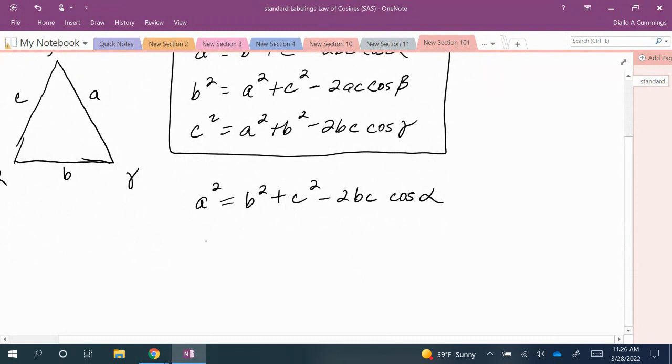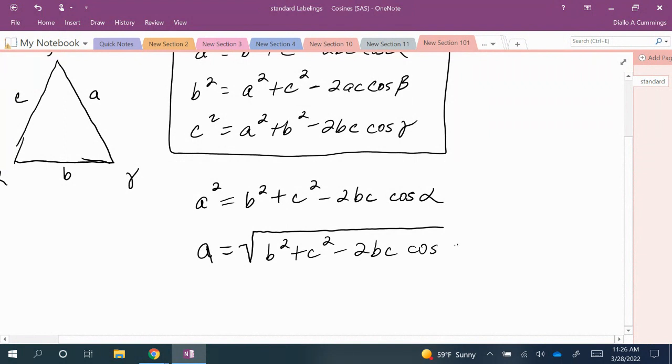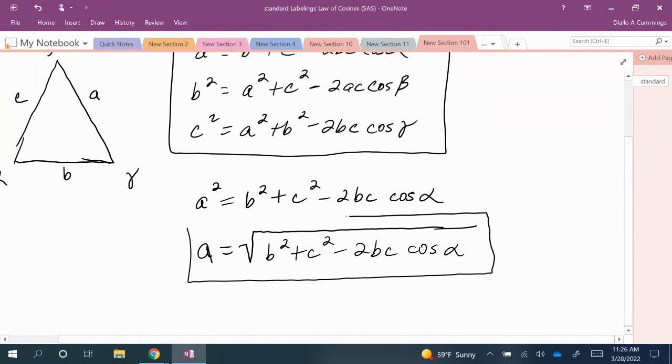If I wanted to find a, I would simply take the square root of both sides. The square root and the square cancel on the left-hand side, so out pops a. On the right-hand side, I have the square root of b squared plus c squared minus 2bc times the cosine of alpha. This is the formula I would put into my calculator.